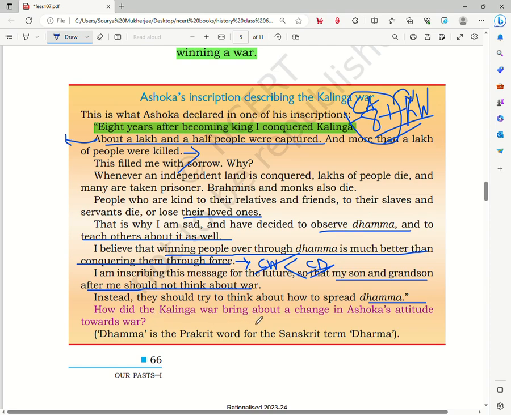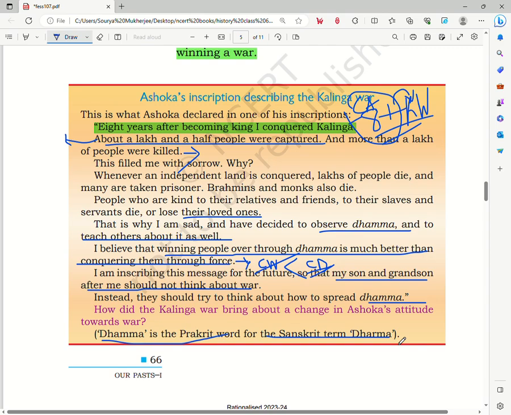How did the Kalinga war bring about a change in Ashoka's attitude towards war? Dhamma is the Prakrit word for the Sanskrit term Dharma. So Dhamma was a local pronunciation, a Prakrit word for the Sanskrit term Dharma. Dharma is duty, that we can translate as duty.